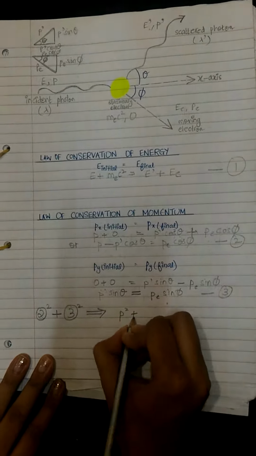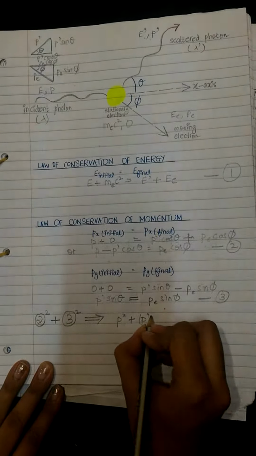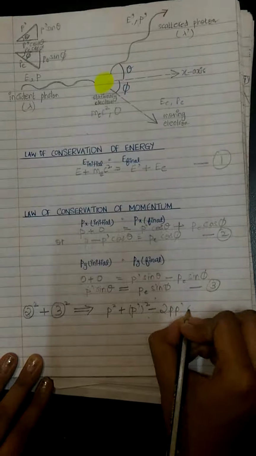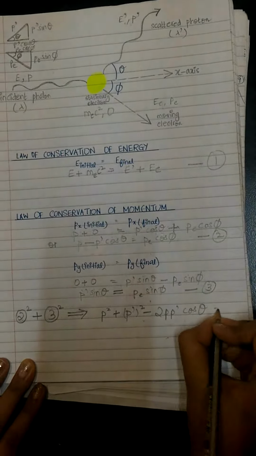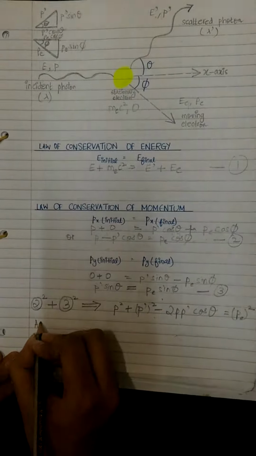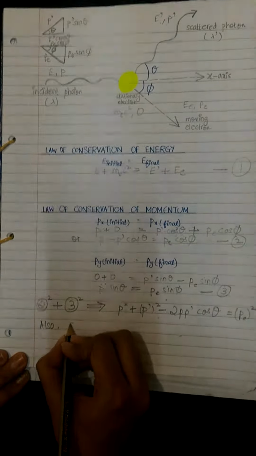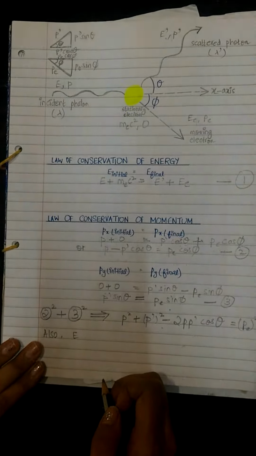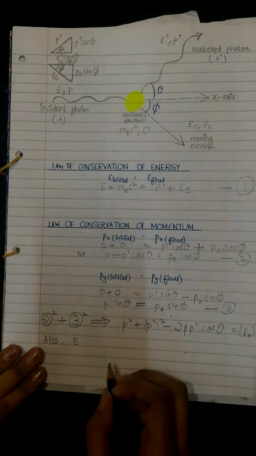P square plus P dash square minus 2PP dash cos theta is equal to PE square. Also we know that E square is equal to c square P square plus m square c power 4.